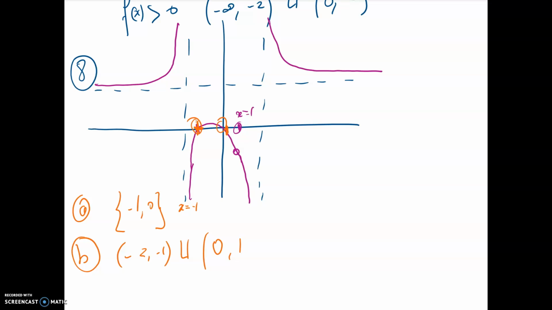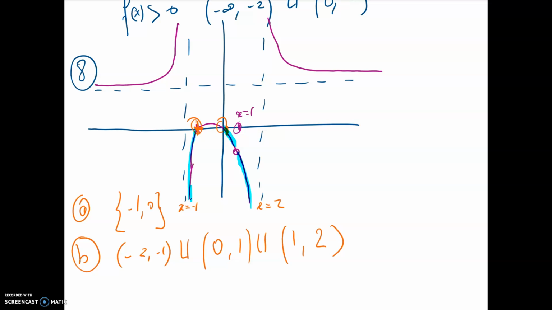And then from 1 to x equals 2, I have f of x negative. So let me represent this. I have right here negative, right there, and right here it's negative.